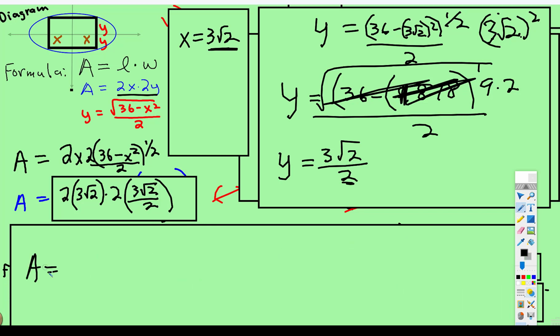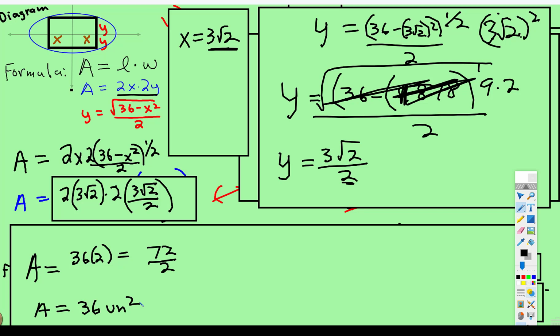Let's do it just straight across the numerator. 2 times 3 is 6. 2 times 3 is 6. 6 times 6 is 36. Root 2 times root 2 is 2. Well, 36 times 2 is 72. But now we have this divide 2. So the area will be 36 units squared.